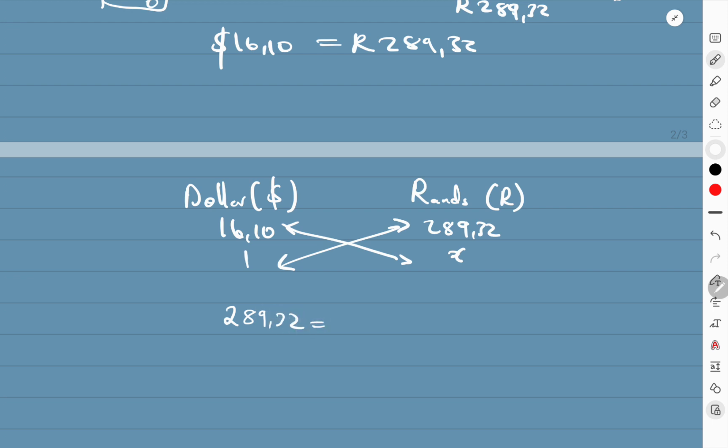It is equal to 16.10 times X. I'm looking for X, not 16.10 times X. I am going to do the inverse operation, divide both sides by 16.10, so that this and that cancel each other and I'm left with X. What is 289.32 divided by 16.10? I'm going to get 17.97. It means $1 is the same as 17.97 rands. That is why $16.10 is the same as 289 rands.